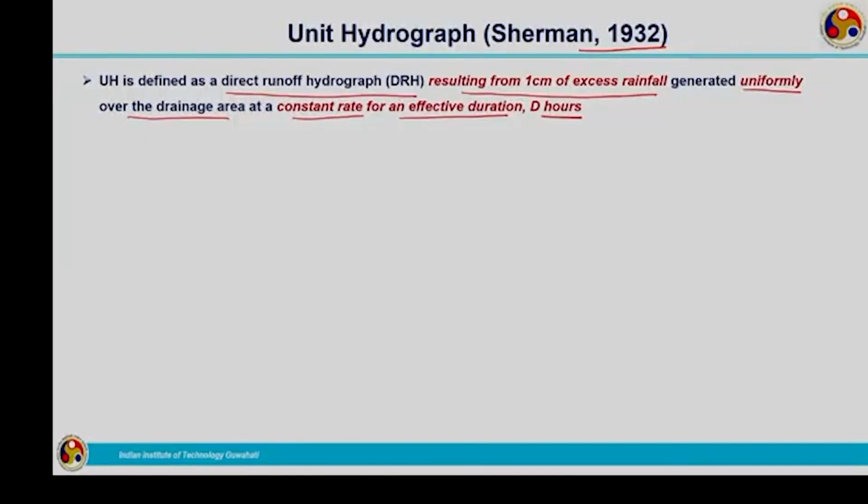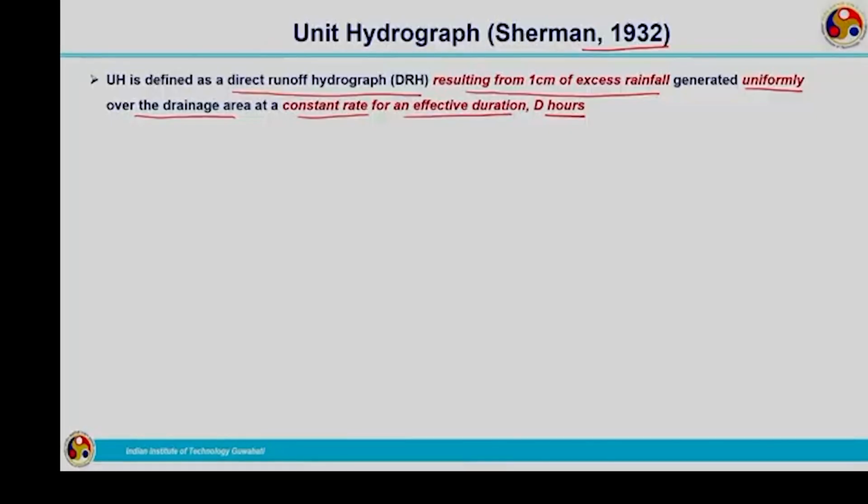What do you understand by this definition? That is, the catchment is experiencing 1 centimeter of rainfall. The duration of the rainfall is considered as d hours. It can be 1 hour, 2 hours, 3 hours, whatever it is. So, for d hours we have a uniform rainfall of depth 1 centimeter acting on the catchment uniformly.